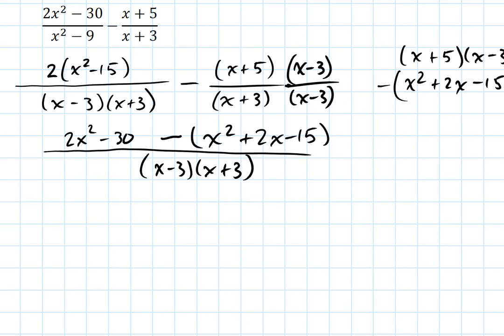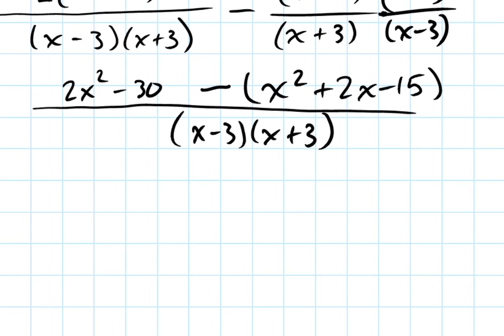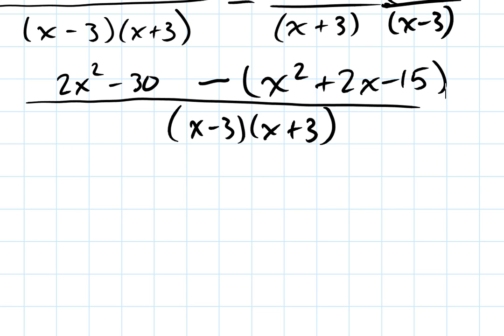Okay, so now that that's taken care of, let's go ahead and simplify the numerator. So 2x squared minus an x squared is just going to be 1x squared. And next, I'm going to have a negative 2x. And then next, I'm going to have a positive 15.